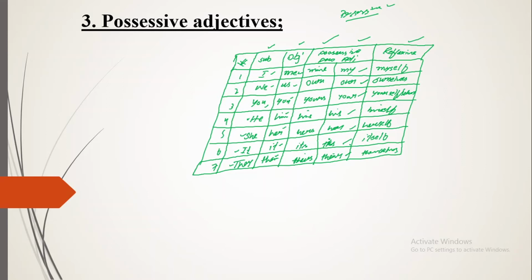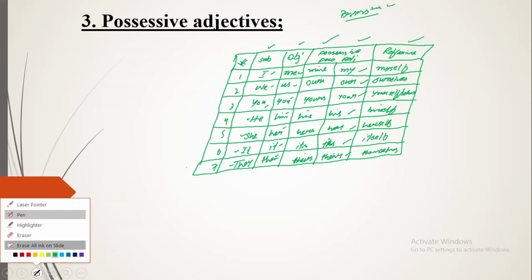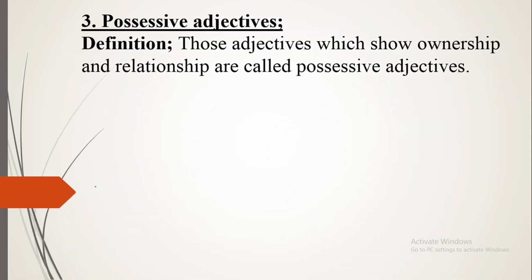Possessive adjectives will work as an adjective, not as a pronoun. All the other remaining cases work as pronouns, but this part works as an adjective. So we will discuss them one by one. Let's start with the definition: those adjectives which show ownership and relationship are called possessive adjectives. What are they?